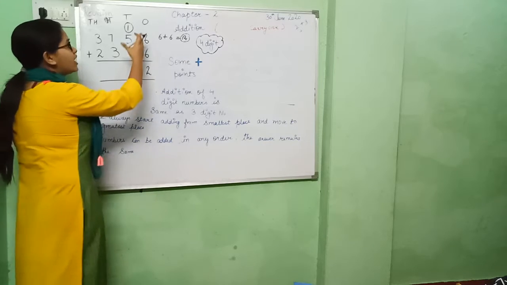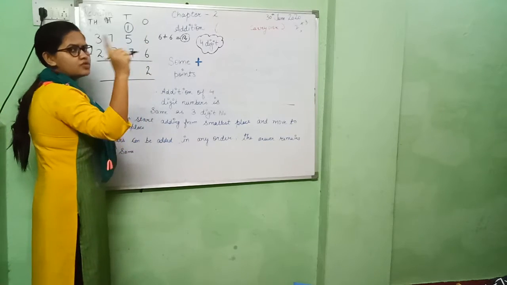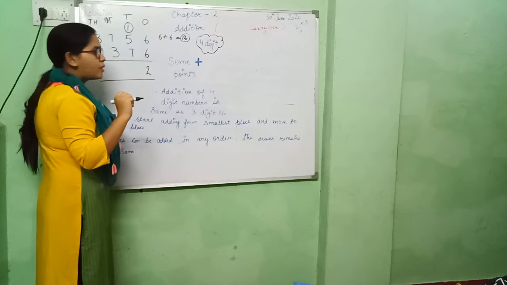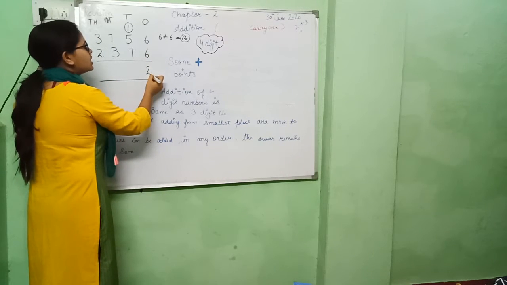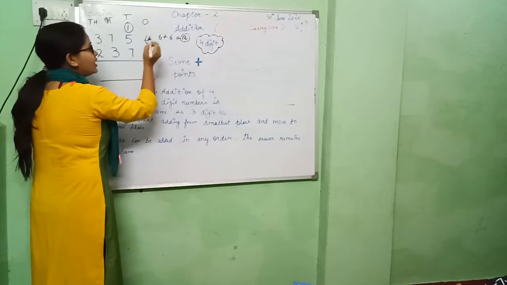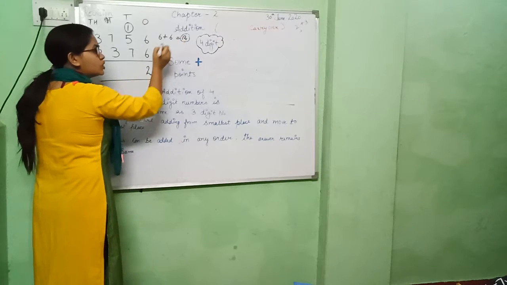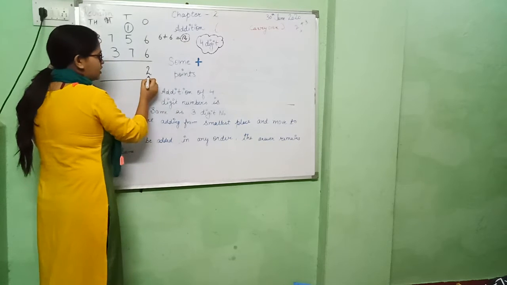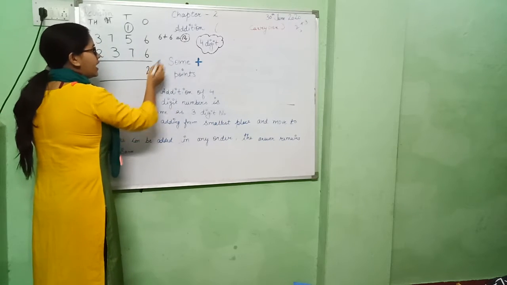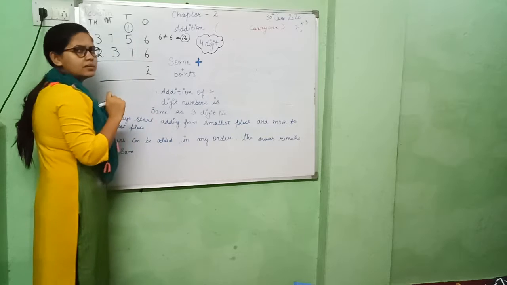So what we have done, we have added the ones, which is the first step of addition. So we will plus 6 plus 6, which becomes 12. But we can't write 2 digits here. So we will take the ones here, which means the 2 here, and 1 carries to the other number.